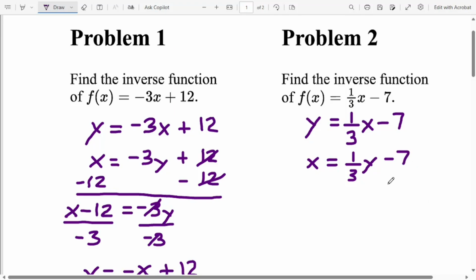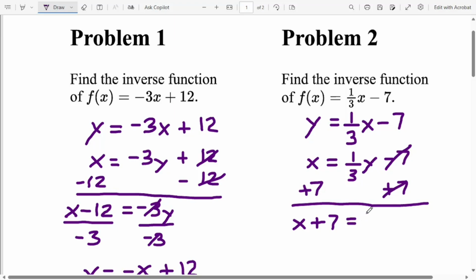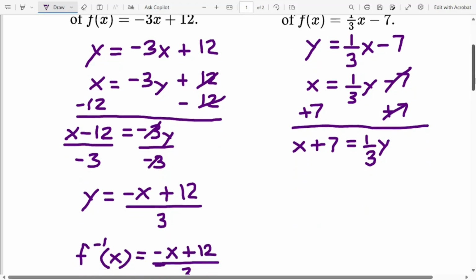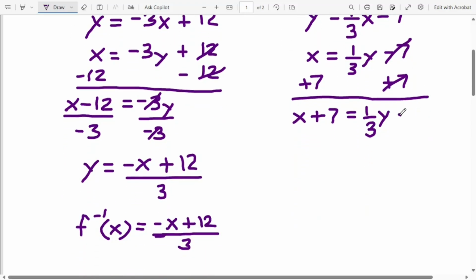I'll then want to start to solve for y, so I'm going to add 7 to both sides. These will cancel, and I'll get x plus 7 equals 1/3 y. Now I want a full y, so if I multiply 1/3 by 3, that's going to give me just y.